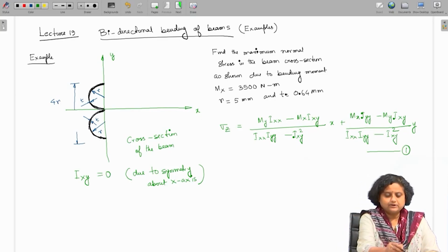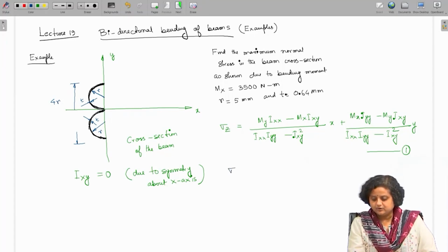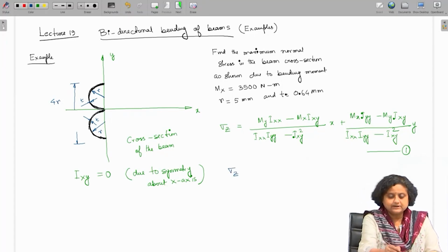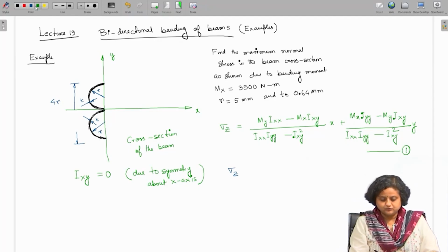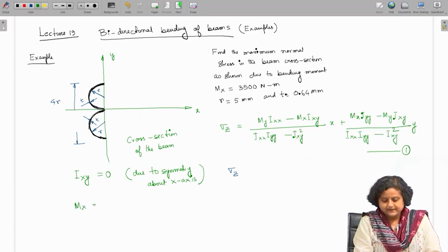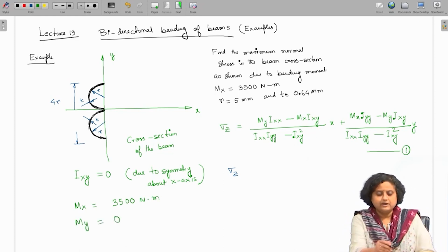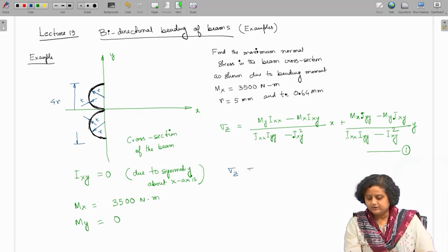If we substitute Ixy equal to 0, additionally we have to notice that only Mx is non-zero. Mx is just given to be 3500 Newton meter and My is equal to 0. Therefore, sigma z is going to be Mx by Ixx into y.